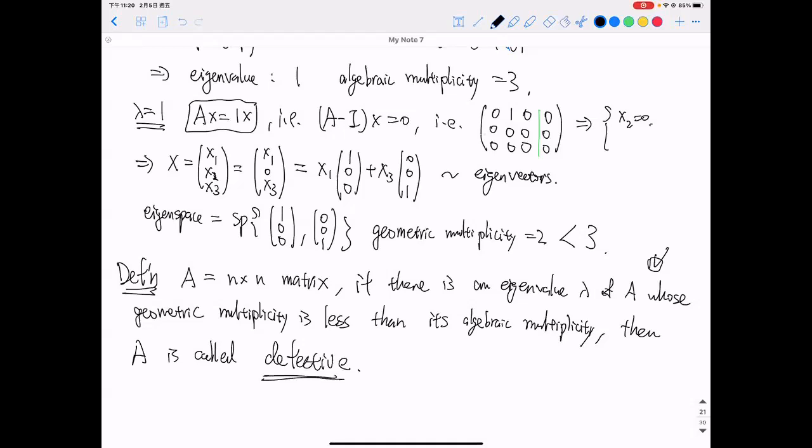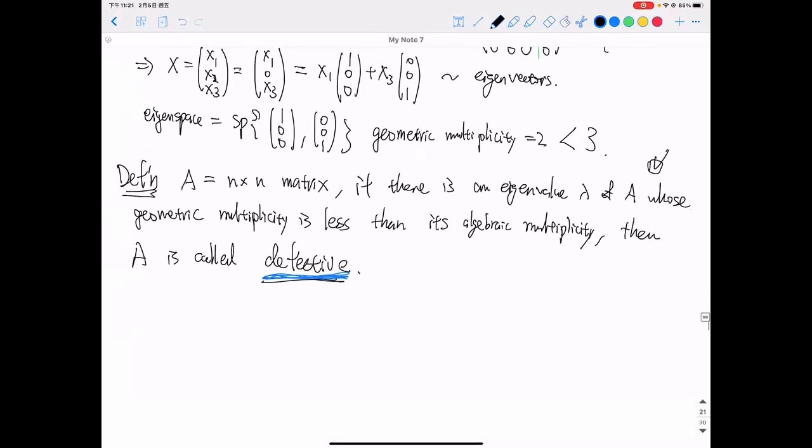Okay, the name certainly suggests that we don't quite like these kinds of matrices. They are not as good, and we've seen that defective matrices do happen. So let's just do one more example, maybe. No, maybe not.